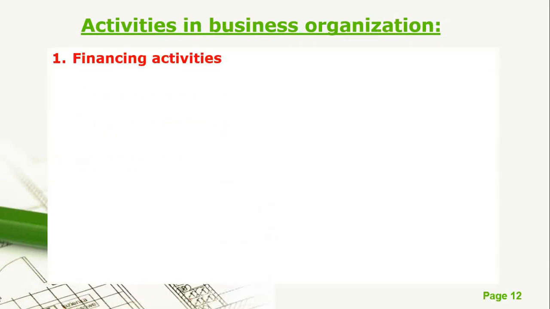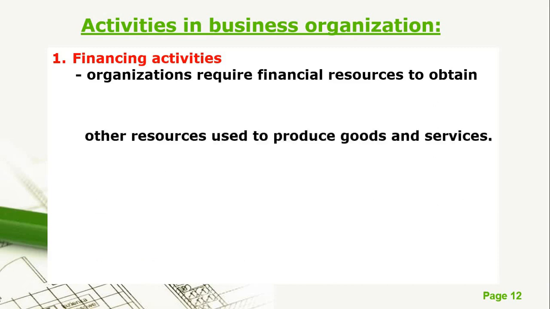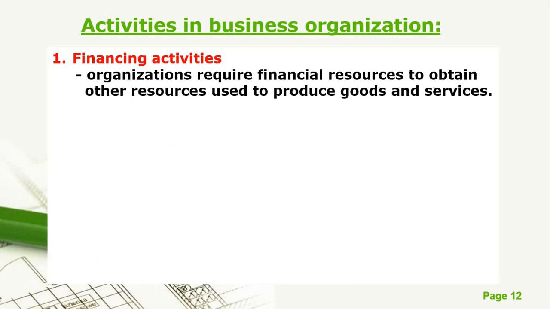Next, we have activities in business organization. So what are the different activities in a business? First, we have financing activities. When you say financing activities, organizations require financial resources to obtain cash and properties to operate, and other resources used to produce goods and services.